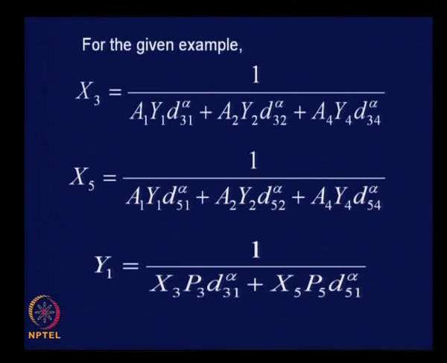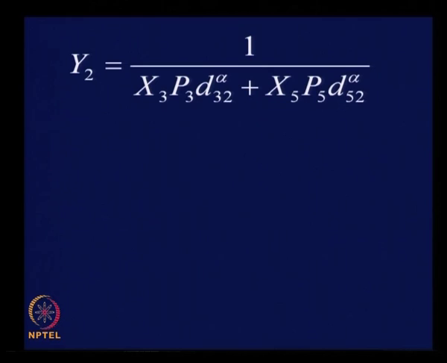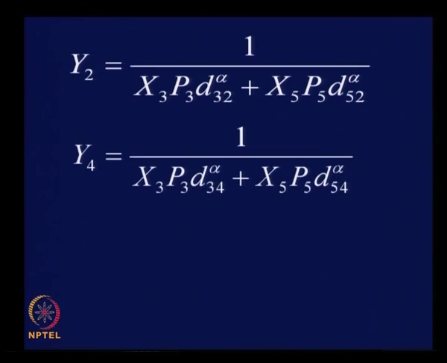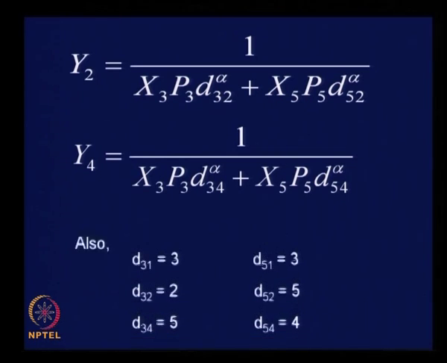Y1 can be written as 1 by x3 p3 d31 raised to power alpha plus x5 p5 d51 raised to power alpha, and y2 on the same lines you can write as 1 by x3 p3 d32 raised to power alpha plus x5 p5 d52 raised to power alpha, and y4 is 1 by x3 p3 d34 raised to power alpha plus x5 p5 d54 raised to power alpha.